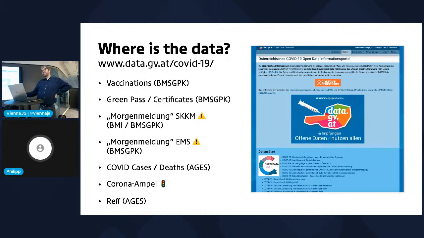Then there are two interesting things, and there is a warning sign because avoid them if you can. These are the Morgenmeldung, the morning report from the Ministry of Interior in Austria and from the Health Ministry. And these are more or less raw data. And it's a little bit dangerous if you don't know what's going on there because sometimes they report nonsense and then you have to sort this out.